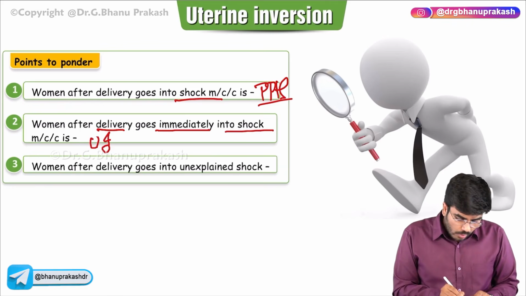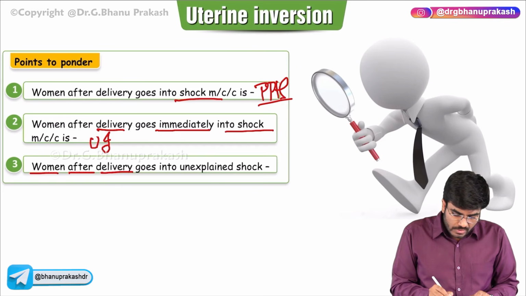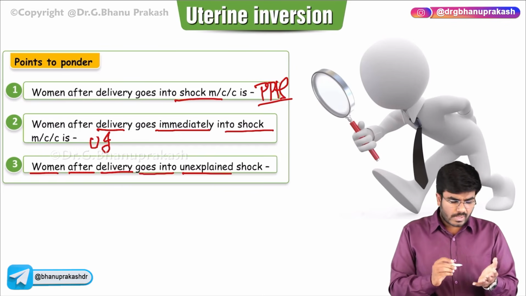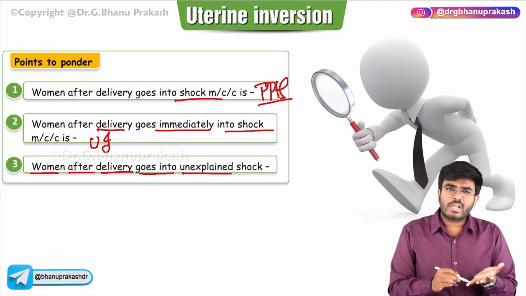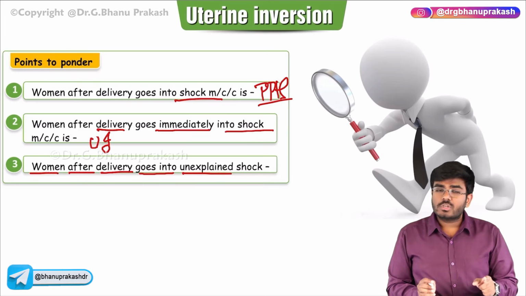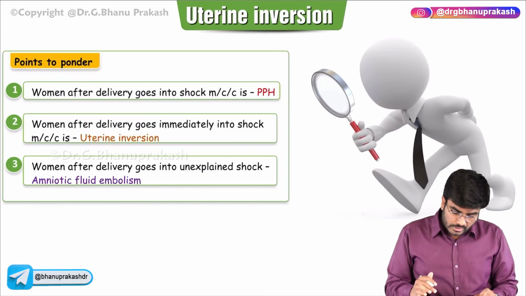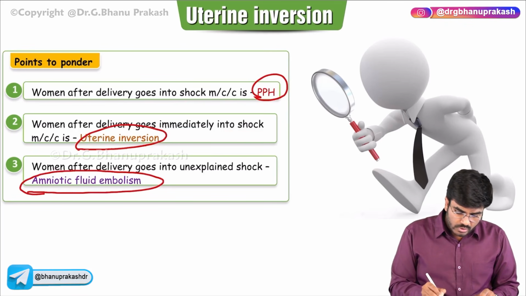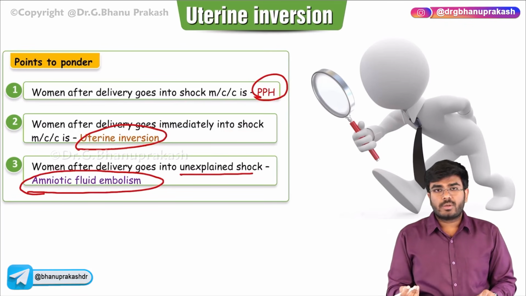But if they ask you, a woman after delivery goes into unexplained shock, she is in shock, but there is no bleeding, it's not a hemorrhagic shock, and there is no uterine inversion, then the most common cause is going to be amniotic fluid embolism. So amniotic fluid embolism is the most common cause of unexplained shock.